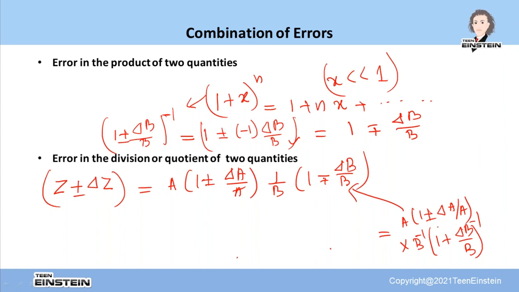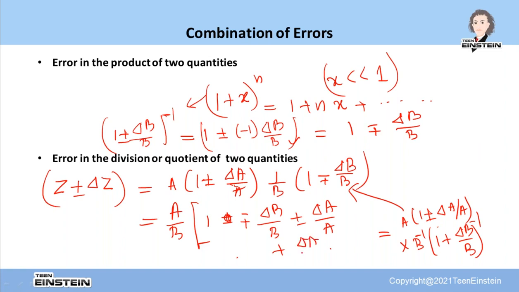Okay, all right. So look, what I get actually, this I'll write here, the a by b, and then I can multiply, this is 1 plus minus. So this plus minus or minus plus, actually you'll get minus plus only. So minus plus delta b by b, and then again if you multiply plus or minus delta a by a, and the multiplication term here, delta a by a into plus or minus delta b by b, these terms are actually very small, so I'll just cancel this out to 0.